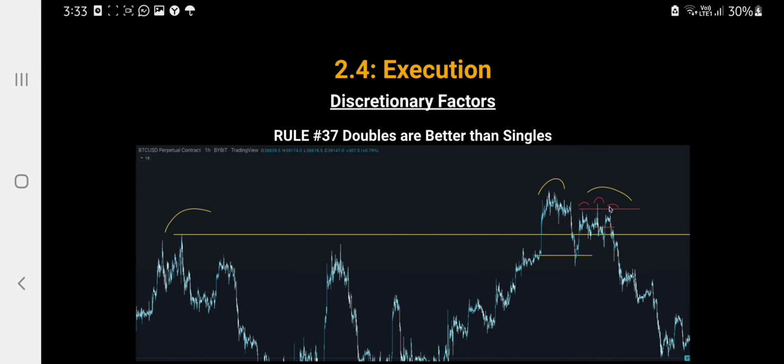You're looking to exit. If you're looking for a double confirmation, your perfect exit is basically anywhere above this red line and below this red line on this bounce. So anywhere in here, you could have entered the trade and had a double confirmation of your setup.